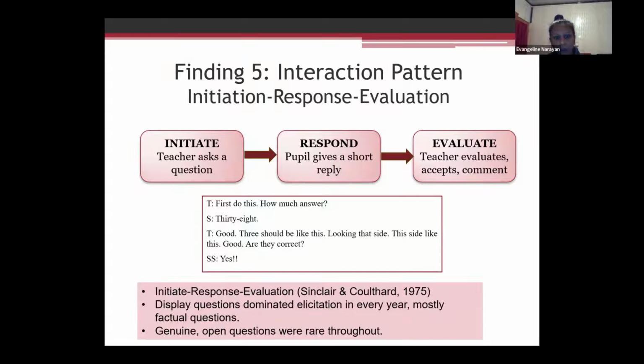These were mostly display or factual questions, and that resulted in very short replies, one-word replies, or if the teacher asks yes or no questions, the response would be a yes or no. There was very little use of genuine and open questions, and that resulted in a very rigid use of the initiation, response, and evaluation pattern.